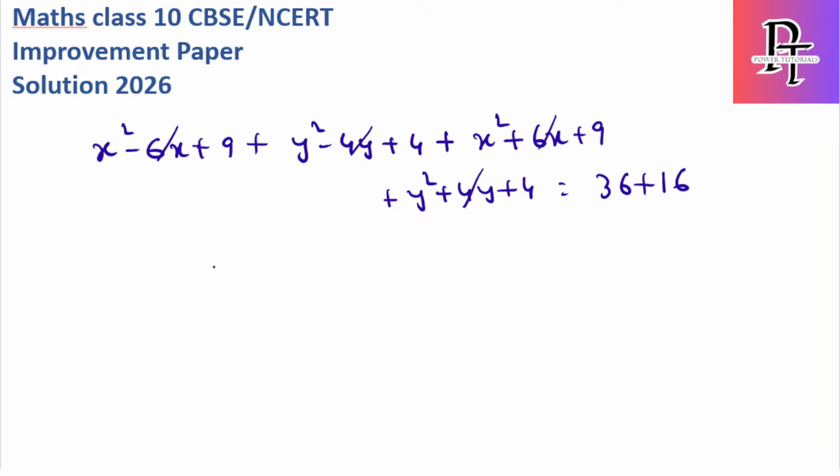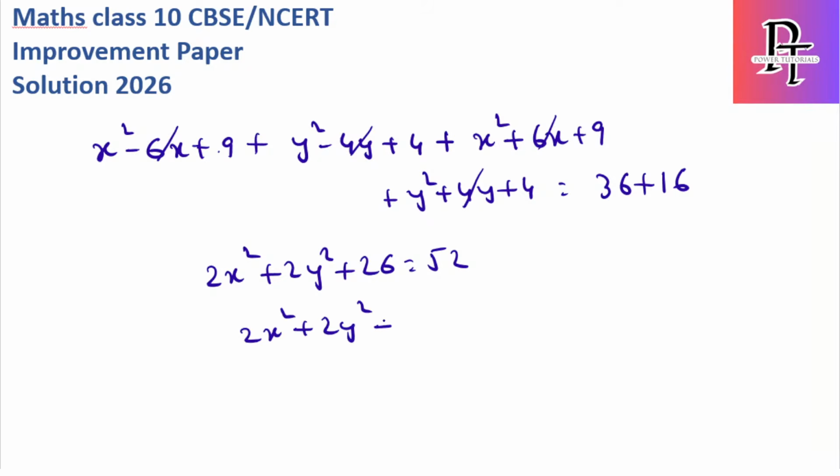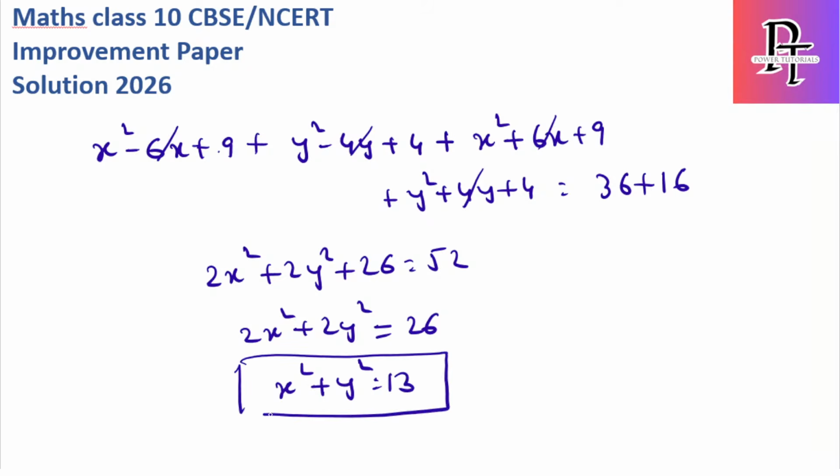You will get 2x square plus 2y square, and here we have 9 plus 4 plus 9 plus 4, which is 13 plus 13 is 26, equal to 36 plus 16 is 52. So I will get 2x square plus 2y square is equal to 26, or if I divide by 2 I will get this final equation as x square plus y square is equal to 13, which is the relation.